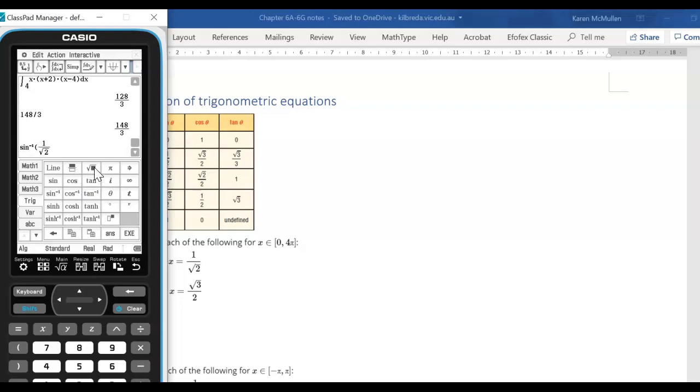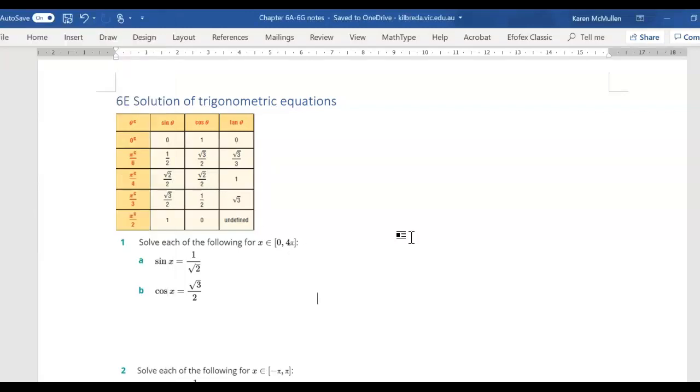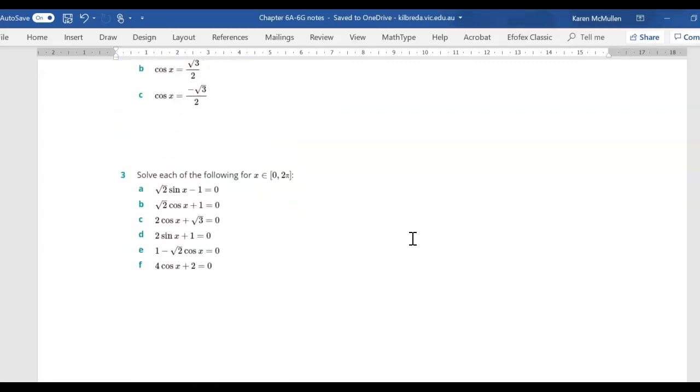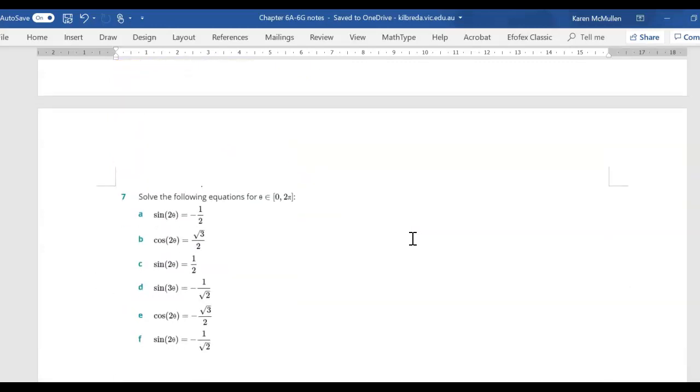Now remember, 1 on root 2 is the same as root 2 on 2. It's just a bit annoying that they're writing it 1 on root 2, and the solution is pi on 4. But we're going to do it all by hand. I think all the questions I've chosen are ones to do by hand.